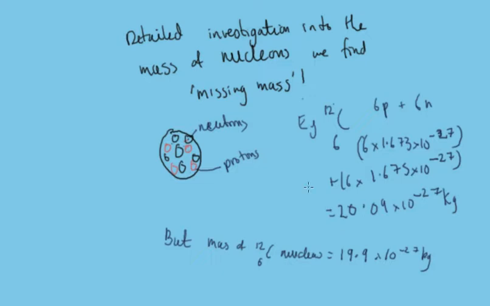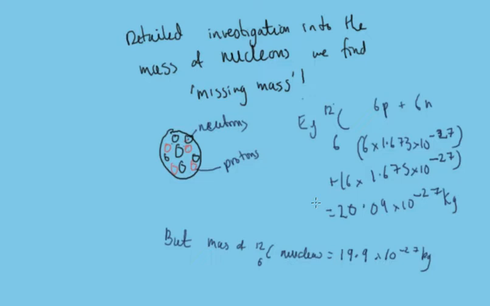It's like if I had a bag of billiard balls, and I took these billiard balls and I measured them all on scales, and I wrote down the masses of all these balls. I then put them in a bag, I measured the bag, and somehow some of that mass had fallen out of the bag. It just disappeared.